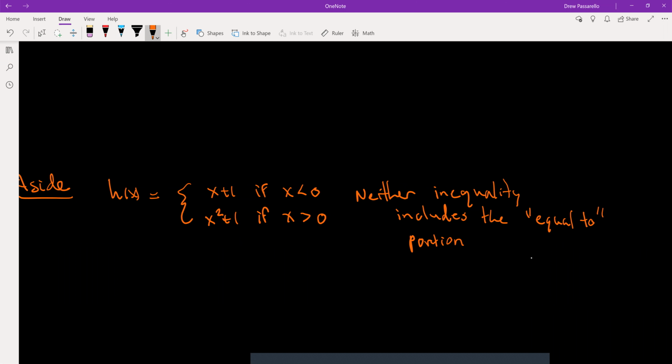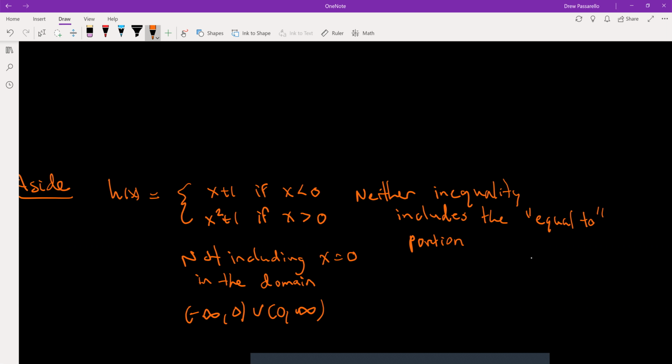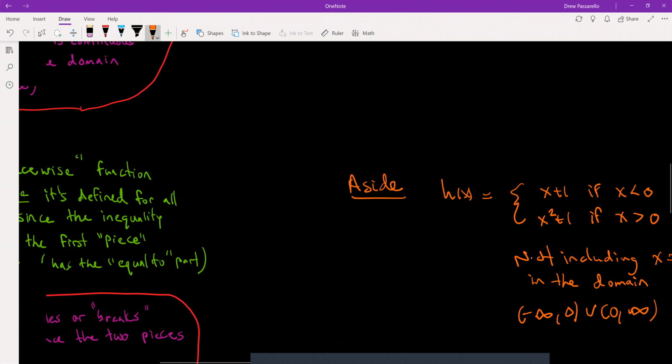So we would say the domain is negative infinity to 0 union 0 to positive infinity, any x value but x being 0. And its graph would look just like the one we had before.